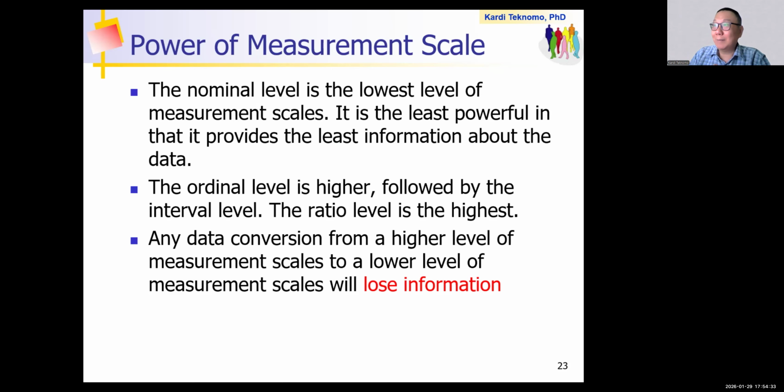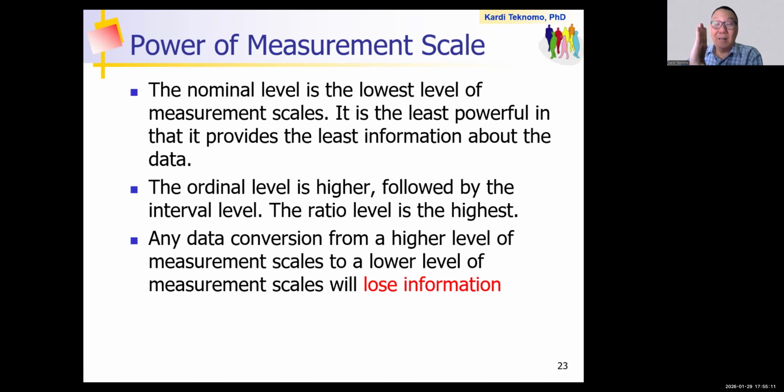So in that case, you ask for the highest possible measurement of scale, in ratio type. So in terms of time, in terms of income, in terms of distance, and so on, you measure in the ratio scale rather than in the ordinal, interval, or nominal. Of course, there are certain things like gender, which is basically nominal, so you cannot convert it into ratio. That's clear, right?